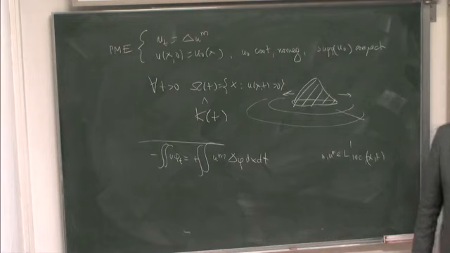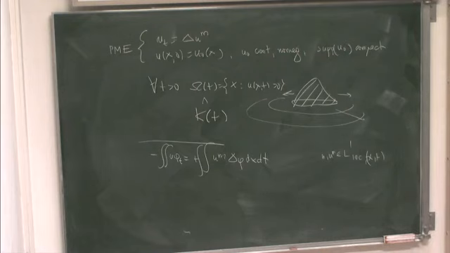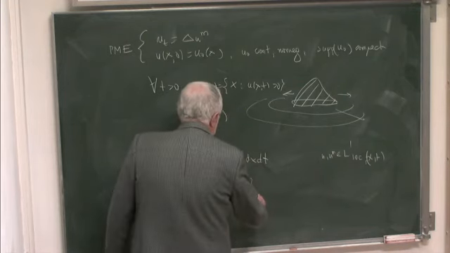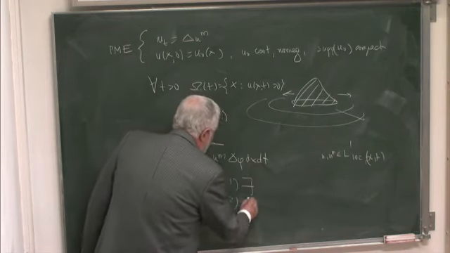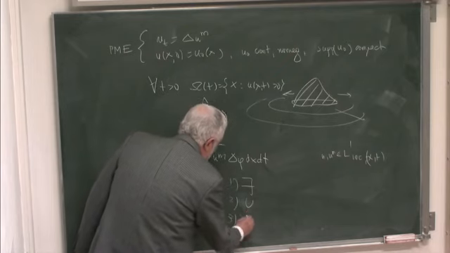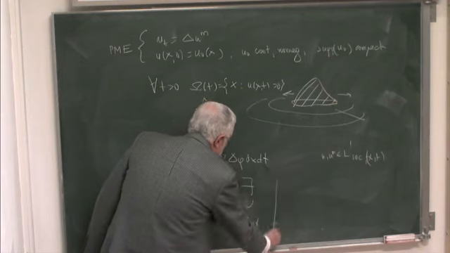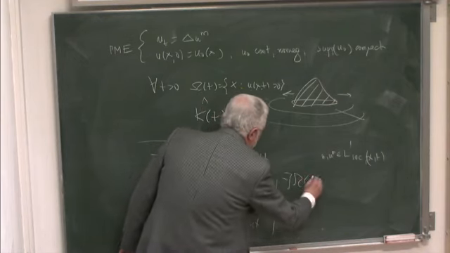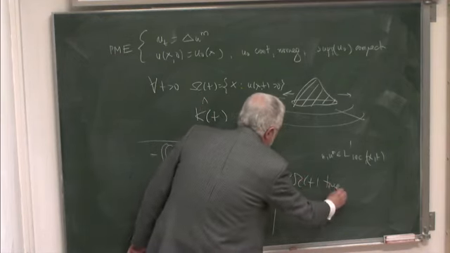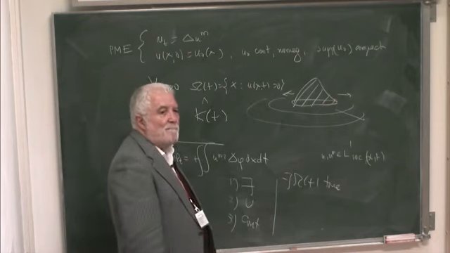Okay? Now, do you prove that there is a solution that has a free boundary? It doesn't make any sense at the beginning. You have to prove first existence of a solution, second, uniqueness of a solution, third, continuity of the solution, and then the existence of omega t is true. But is omega t compact?